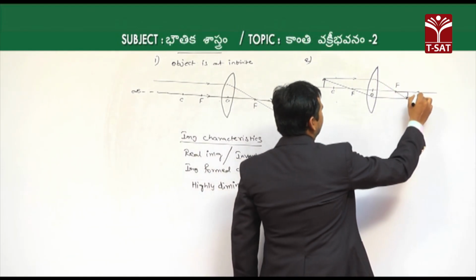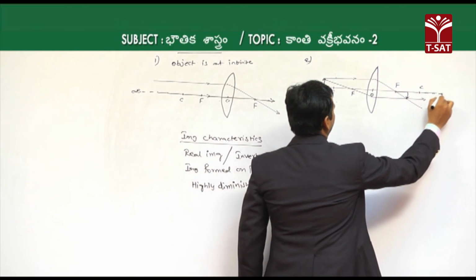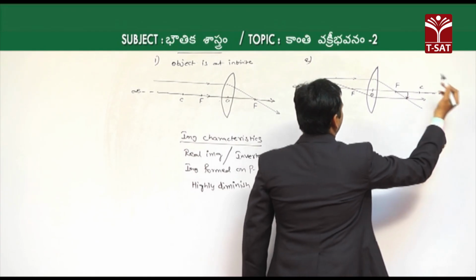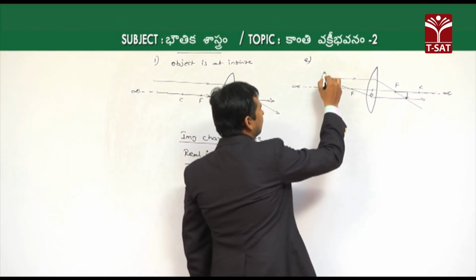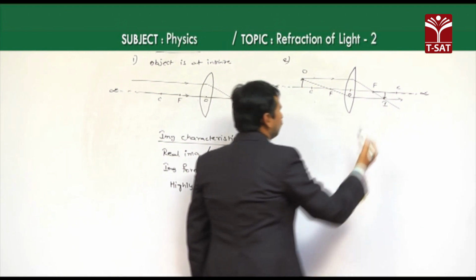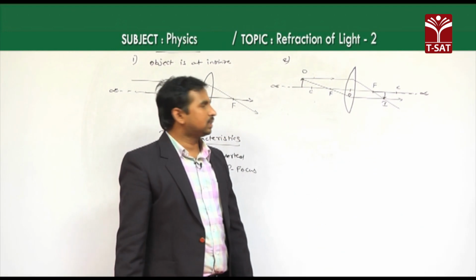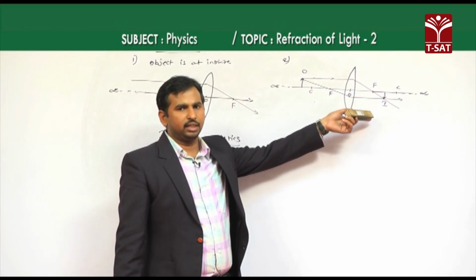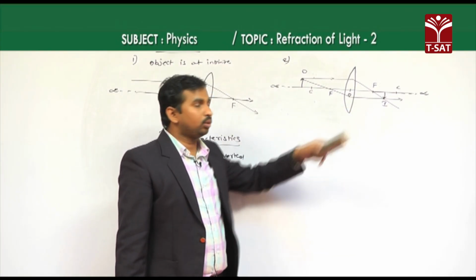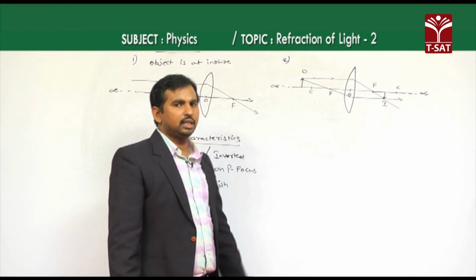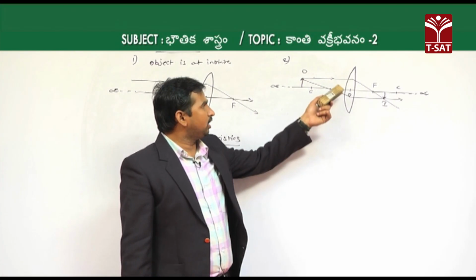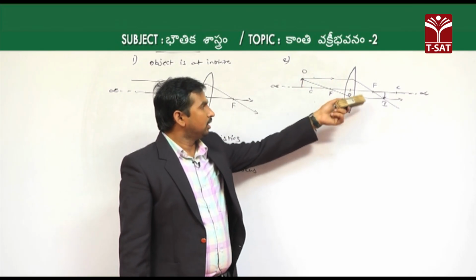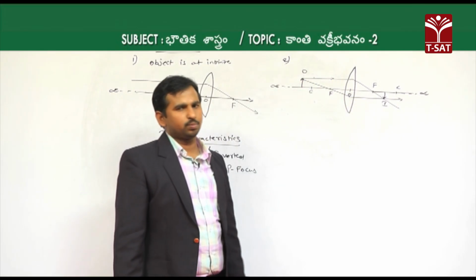Then if you observe here the size of the image, when compared to the object size, the image size is a bit smaller. Yes, that is why here the image formed is a diminished one. And not only that, all the light rays here are really meeting at a point, and if I am taking the object above the principal axis, the image is forming below the principal axis here.